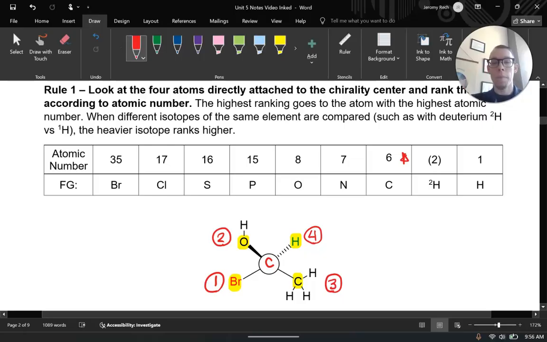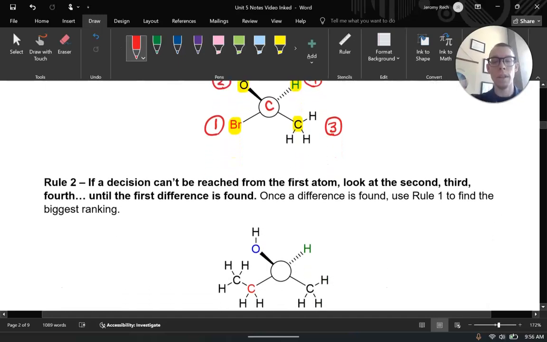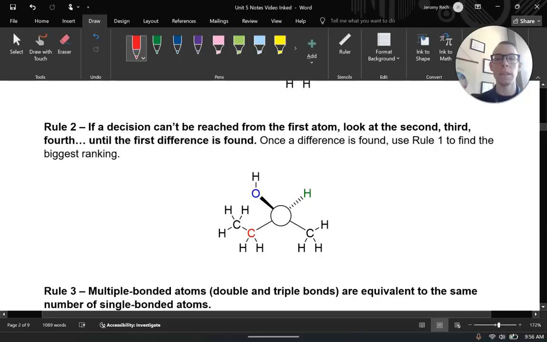Things can get a little bit more complicated though, because you don't always have 4 unique atoms that are directly connected. So if we imagine a pretty similar molecule to what we had, but a slight change here, where instead of that bromine, let's replace that with an ethyl group. So now I have a carbon, an oxygen, a hydrogen, and carbon as my 4 different groups.